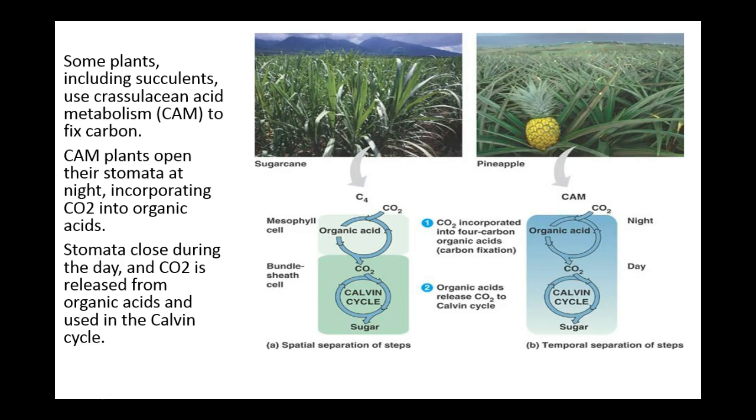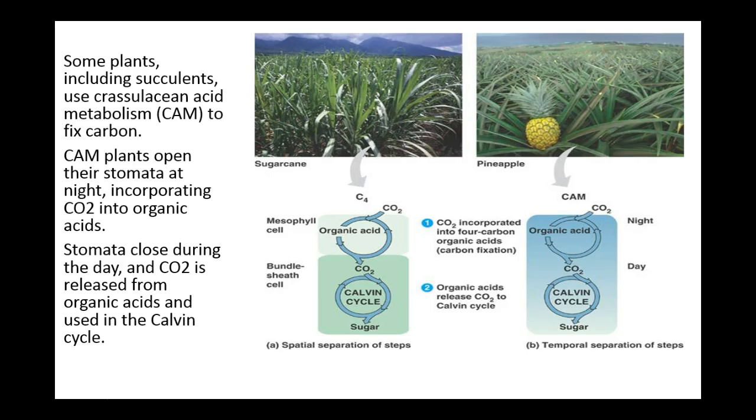A couple of the things that they're doing is they're trying to adapt C3 plants into more of this C4 arrangement to make them more water sparing. And then they're also looking to see how, if the climate changes, that will affect the ability for each of these types of plants to adapt.